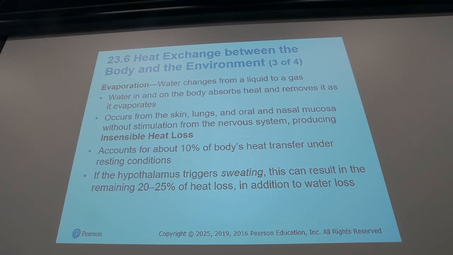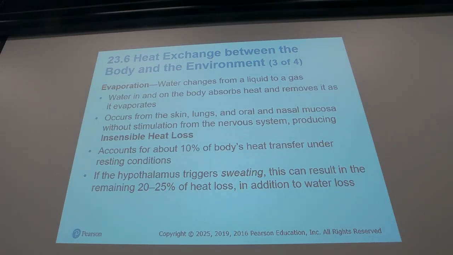Another way of losing heat is through evaporation, and that will be when water changes from a state of liquid to a gas. And that can occur in our skin, in our lungs. Remember what I told you in the respiratory system chapter. We not only exhale CO2, but also we exhale water.